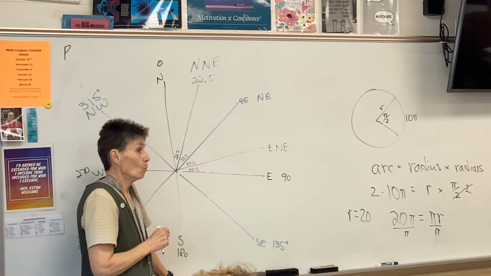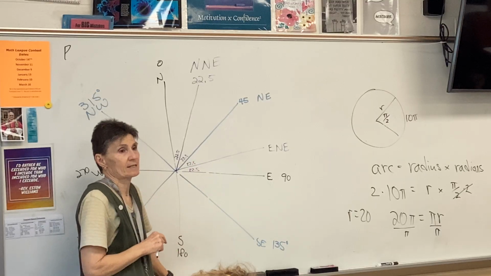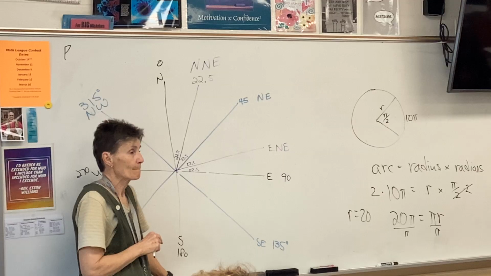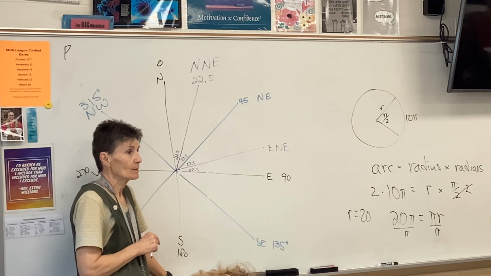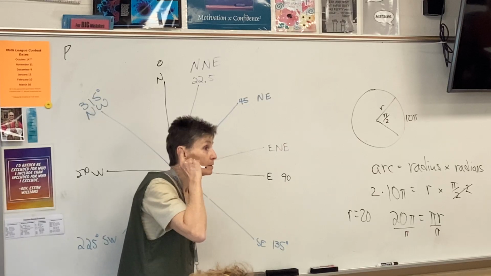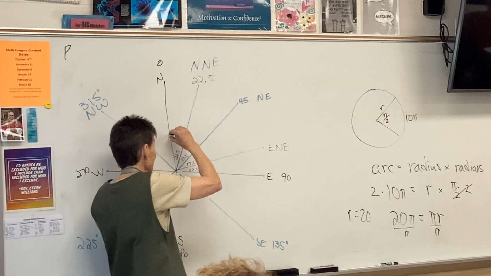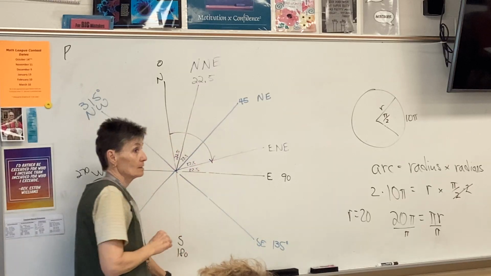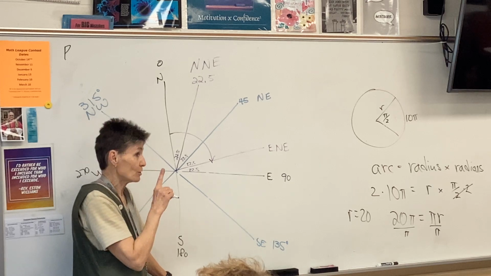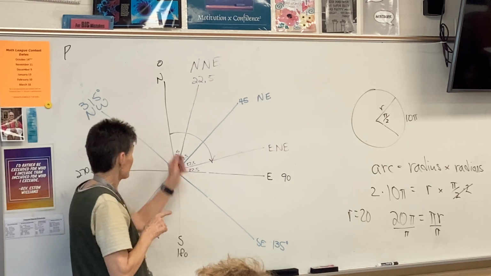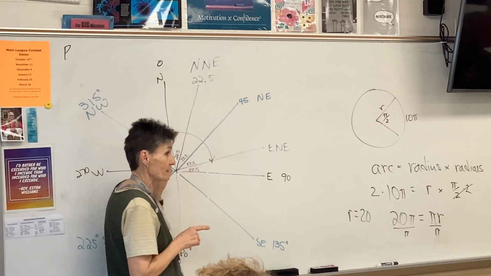Now, what is the degree measure for east northeast? Well, these are all 22.5, but I need to get all the way to here. Now remember, you start at due north, you start at 0. So this one is 22.5. This one's 45.